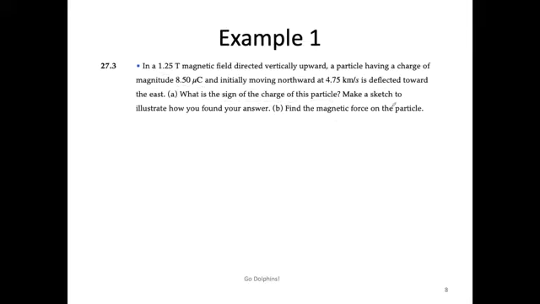So we use the equation we just learned. Force equals QVB sin phi, and phi is the angle between V and B. We find V pointing to the north and B pointing up, so it's perpendicular to V. Phi is 90 degrees.